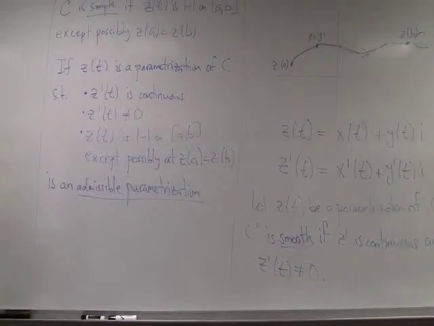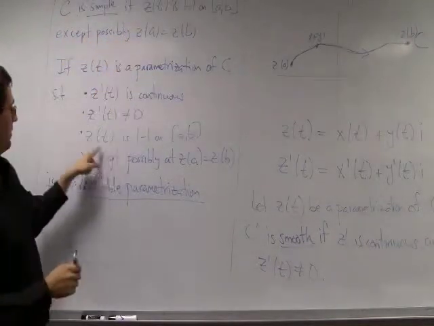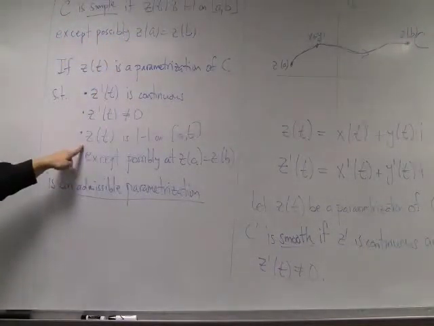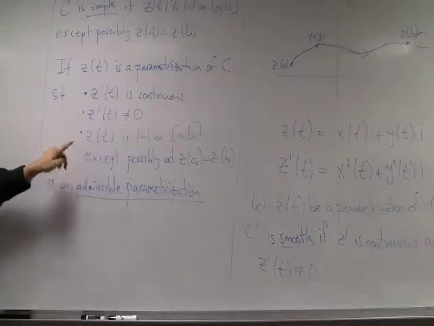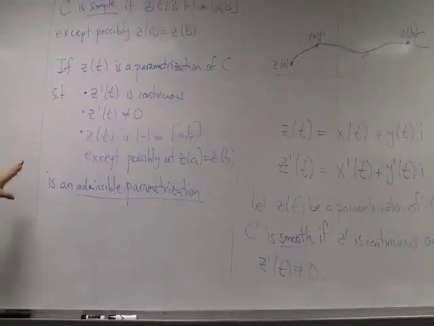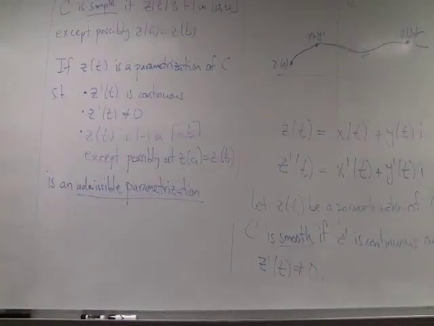What can you say about the original curve? What kind of curve is it? It's all on the board. It's not a guessing game. Simple, right? Because simple says it's this last condition. And smooth. So the only curves that will have an admissible parameterization are simple smooth curves.